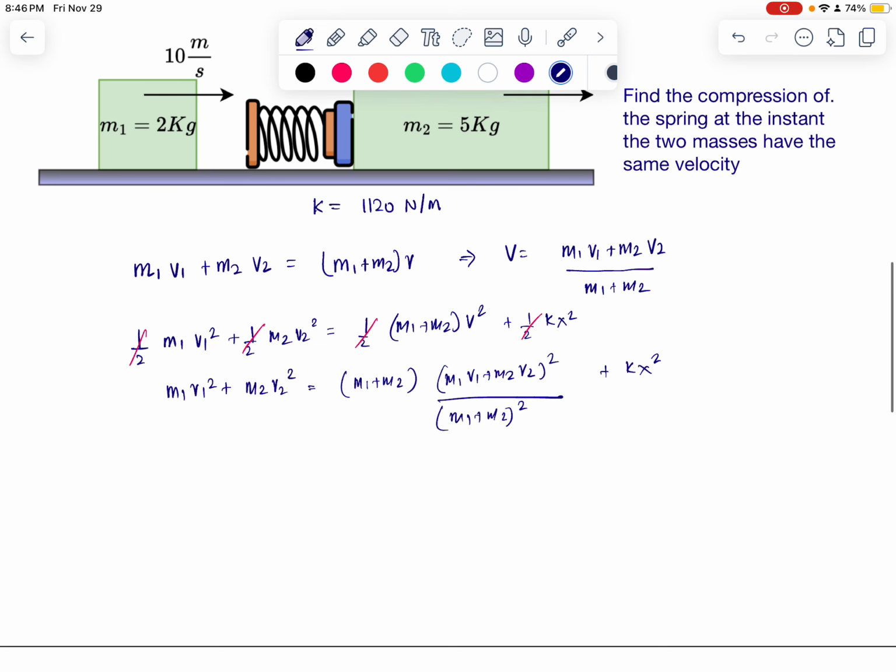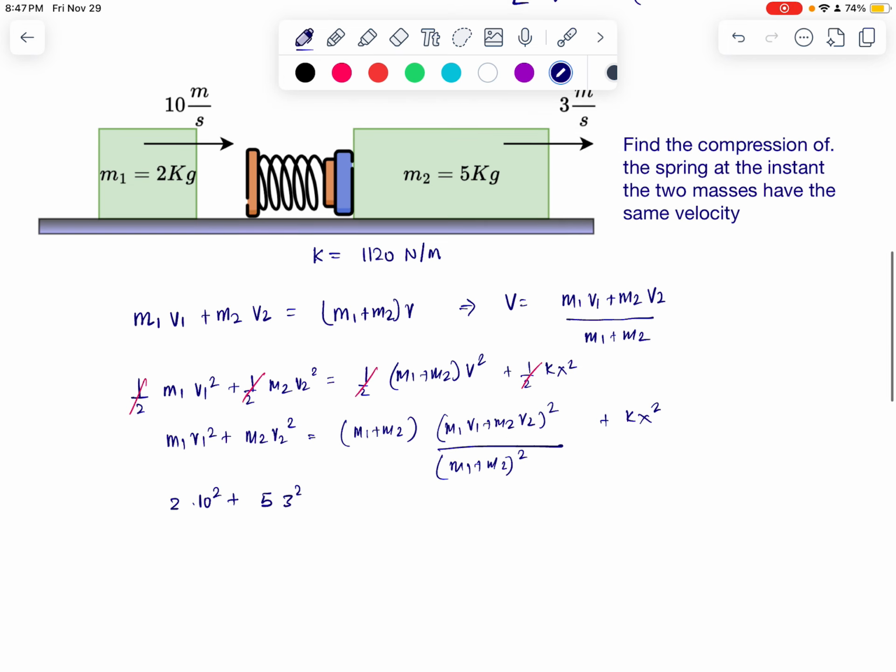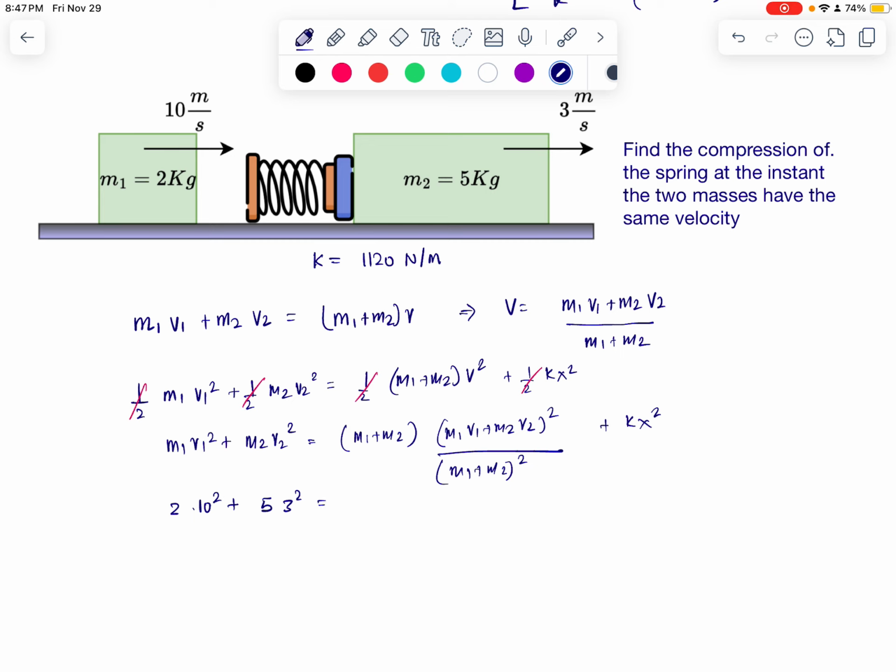Now we plug in the values. This is 2 kilograms times 10 square plus 5 kilograms times 3 square, where 3 is the initial velocity of mass m2. Then 2 times 10 plus 5 times 3 square, simplified a little, divided by m1 plus m2, that is 5 plus 2, because one of these m1 plus m2 cancels out.